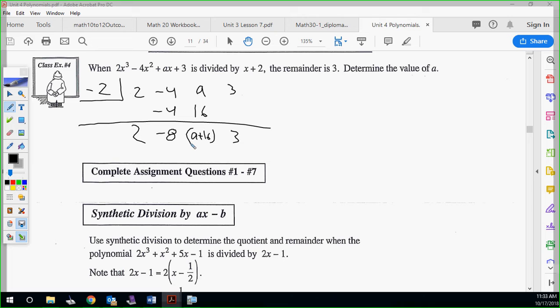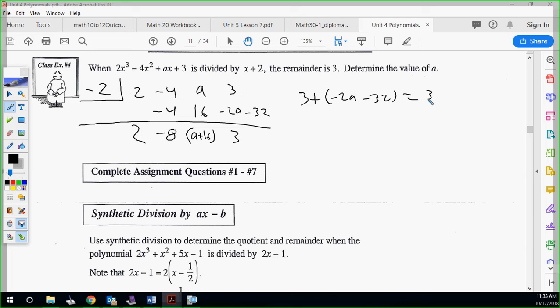Now times by negative 2, we get negative 2a minus 32 is here. Got to distribute the negative 2, right? And we know this. 3 plus a negative 2a, whoops, minus 32 equals 3.